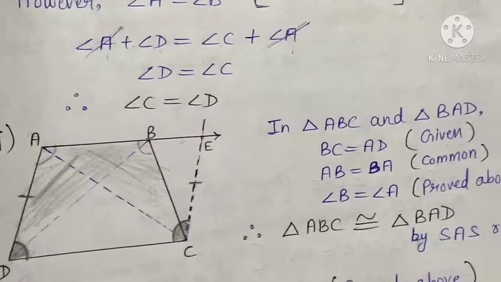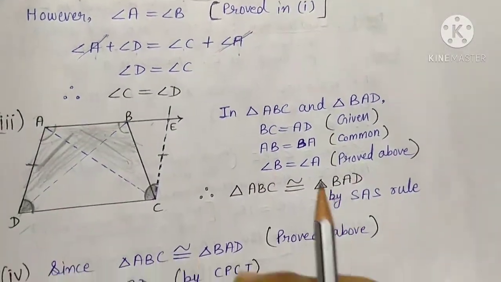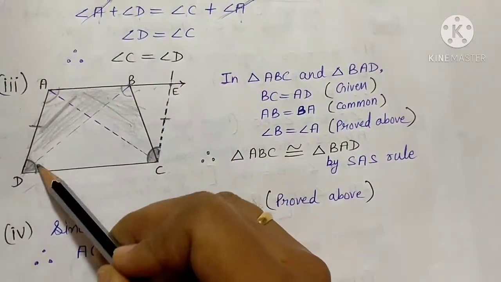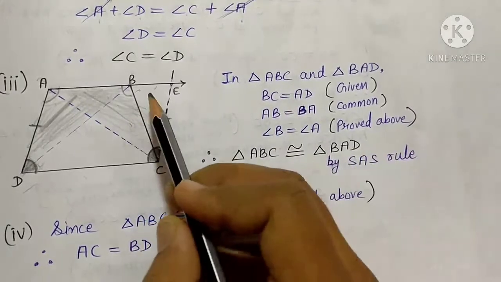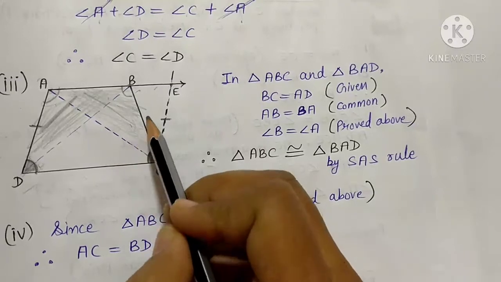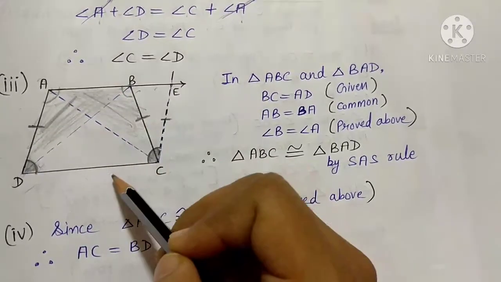So let's prove it. In triangle ABC and triangle BAD, we have BC equals AD, as it was already given in the question. These two sides, the sides of the trapezium, are equal.